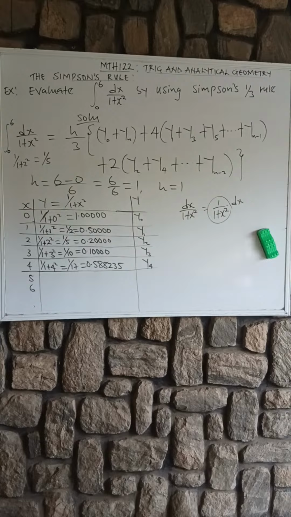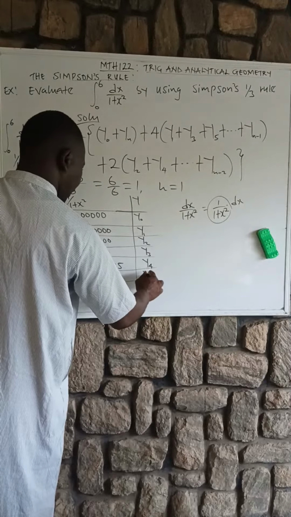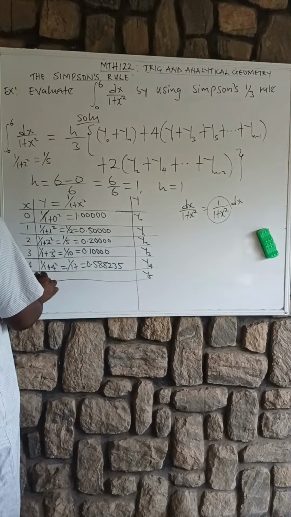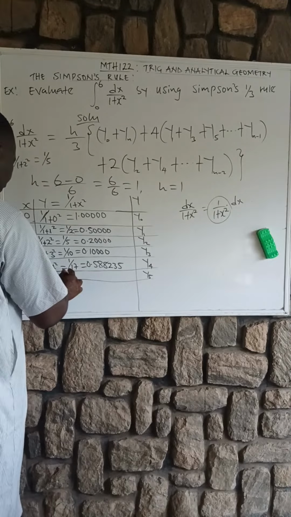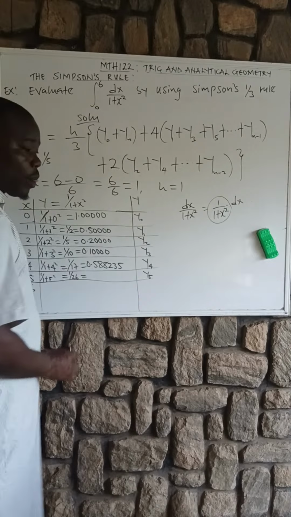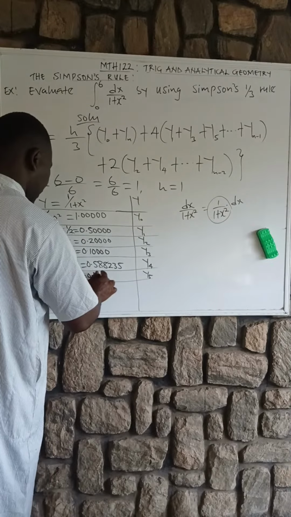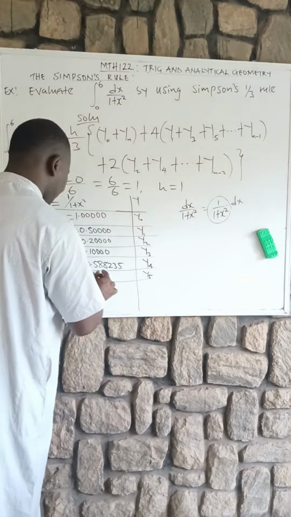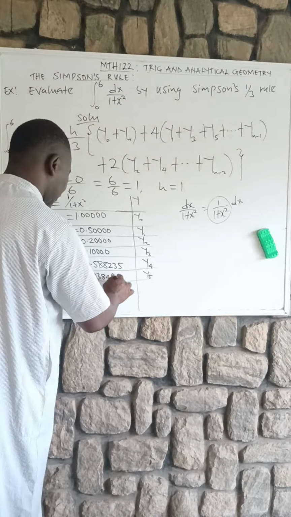Okay. Then I'm going to have y5. 1 all over 1 plus 5 raised to the power 2, and this will be 25 plus 1, 1 all over 26. This will give us 0.03846.